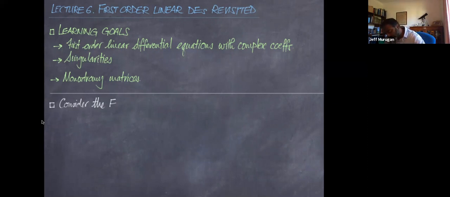So I want to consider the first order linear differential equation that looks like dw/dz plus some coefficient function p(z) times w equals 0.